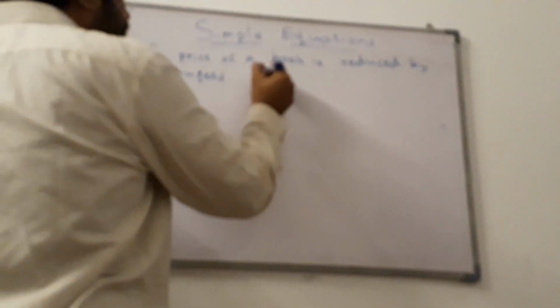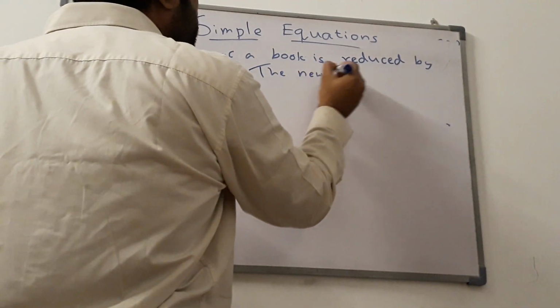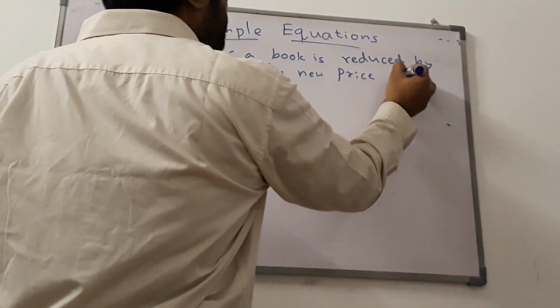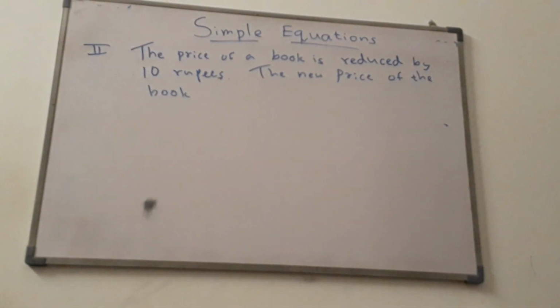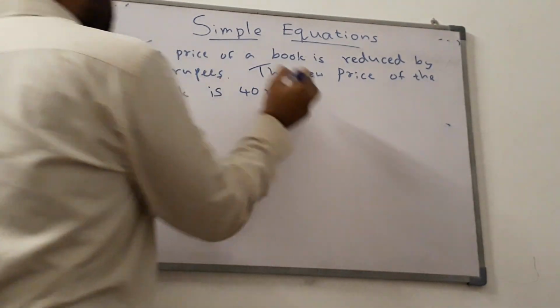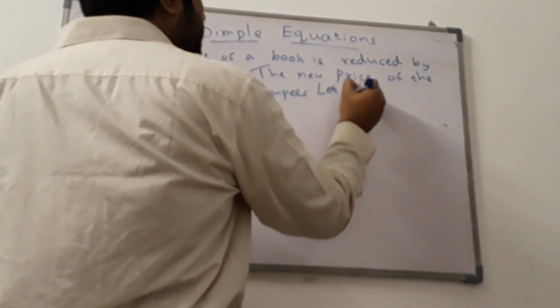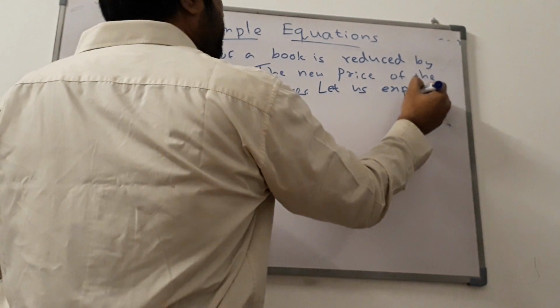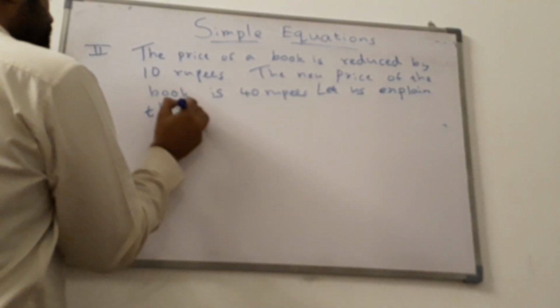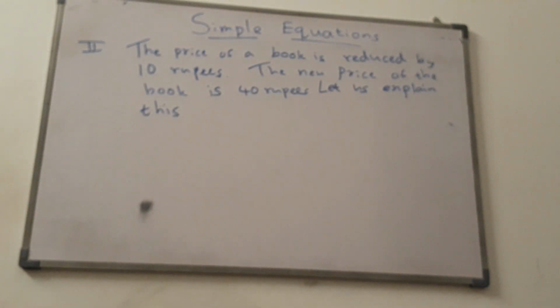The new price of the book is 40 rupees. Let us explain this by an equation.